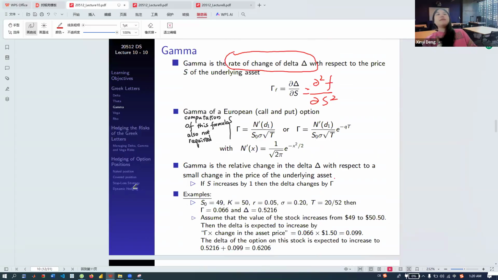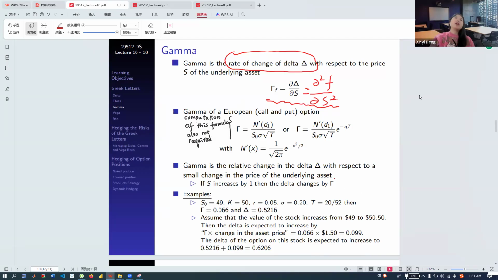Then for gamma, we already discussed something about gamma. Gamma is the rate of change of delta with respect to the price S of the underlying asset, meaning that it's a second order derivative of f with respect to S. The gamma of European call and put options is calculated like this, but don't worry about that.